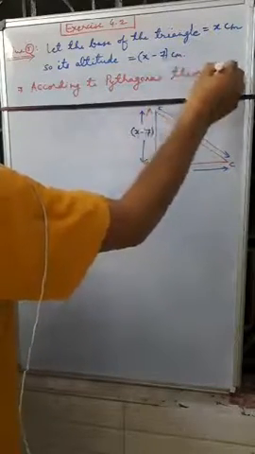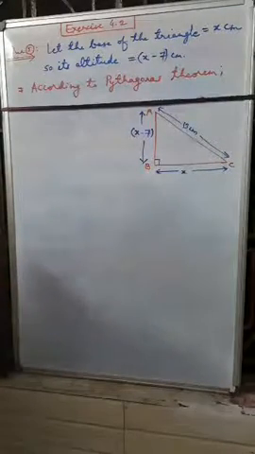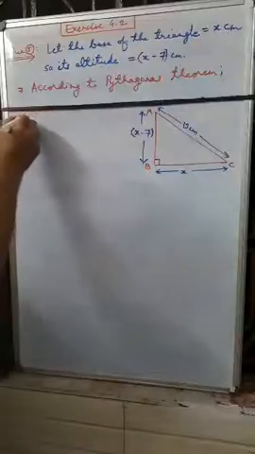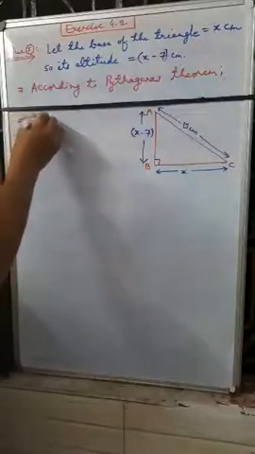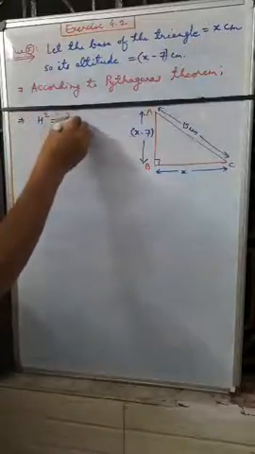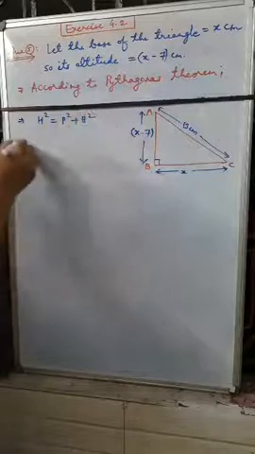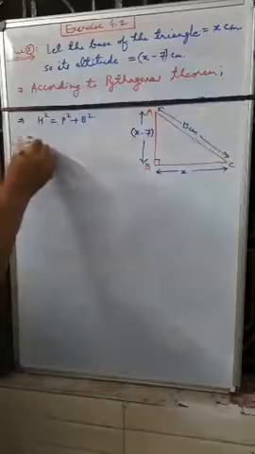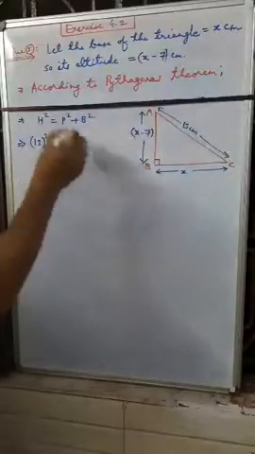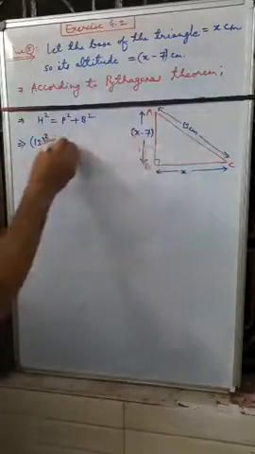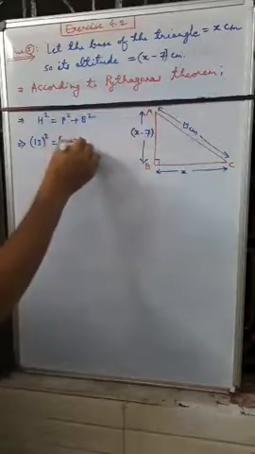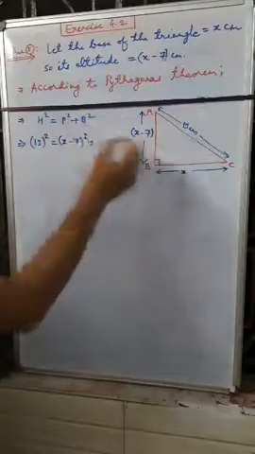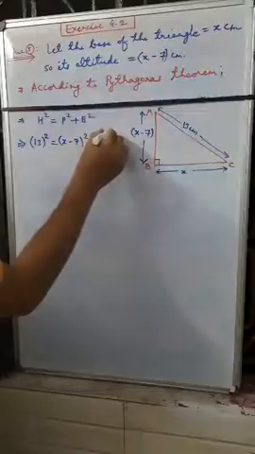What does the Pythagoras theorem say? h square is equal to p square plus b square. Now h is the hypotenuse, so we write hypotenuse 13 square, p square, perpendicular or altitude, is x minus 7 whole square, plus b, base, is equal to x whole square.